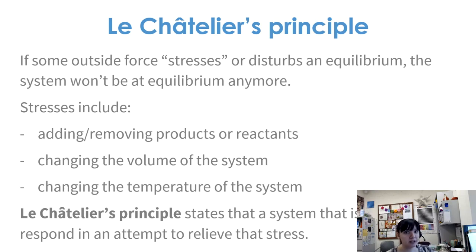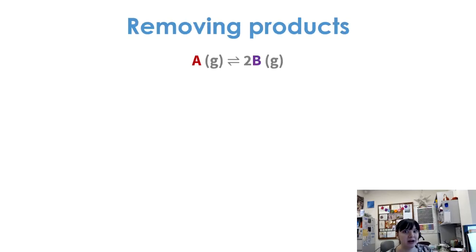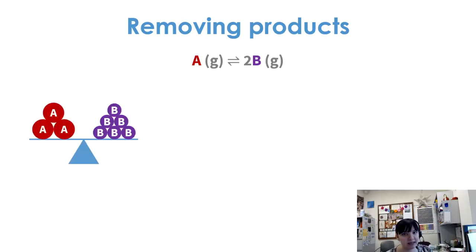So let's walk through those different scenarios and see how those different stresses are going to have a different response from the system. So first here we can consider what happens when we remove products from an already equilibrated system. So again, I have A turning into 2B here, and let's say to start, I already have this perfect equilibrated happy mixture.